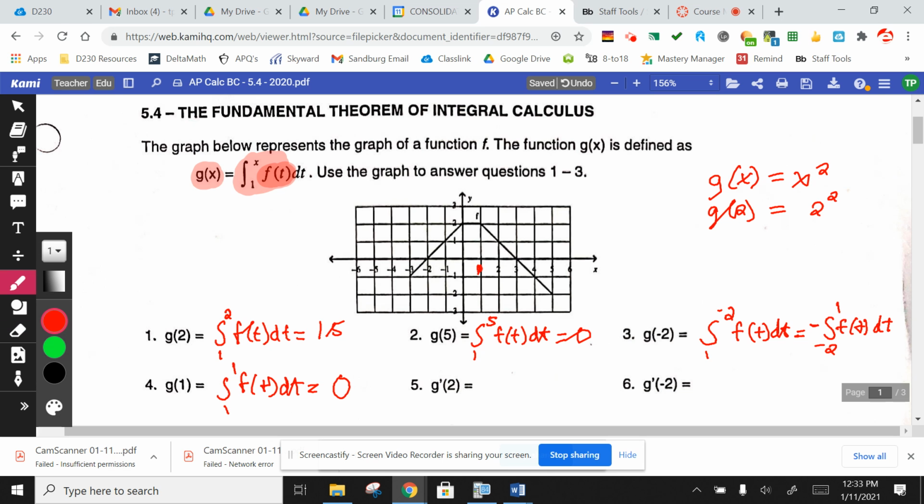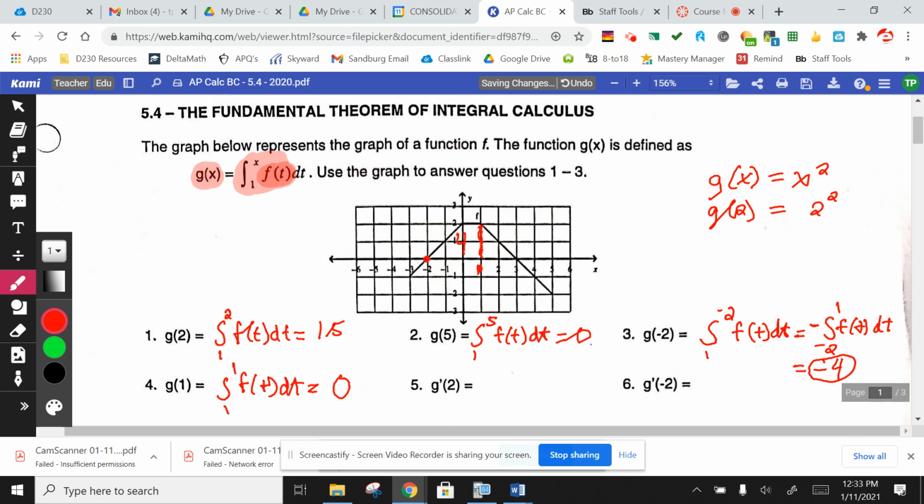So where are we going? Negative 2 to 1. So here's negative 2 to a 1. So overall, that's 1, 2. This would have been 4. We would have gone from a negative 2 to a positive 1. We would have 4 complete squares if we added them all up. But since it is a negative of that, we would say that this value is negative 4 overall.